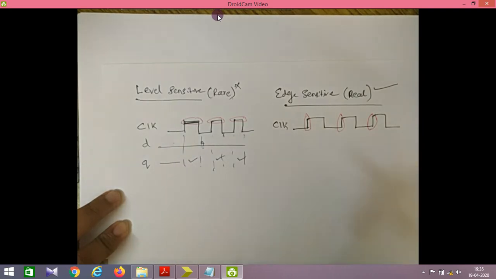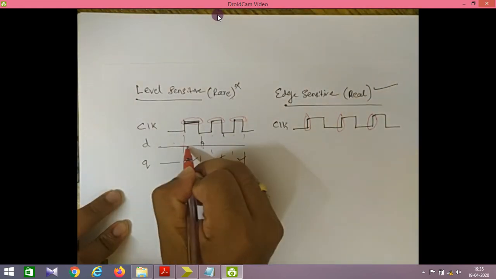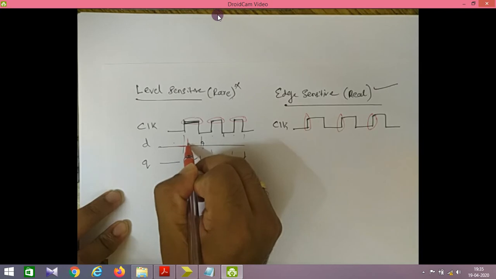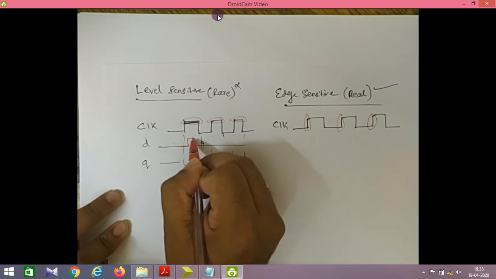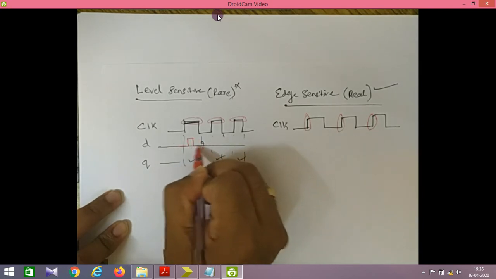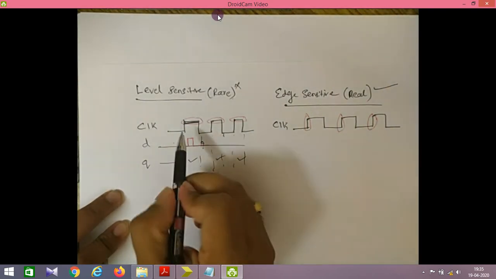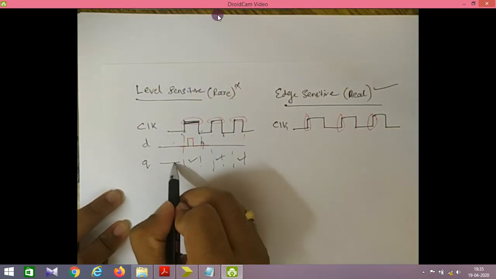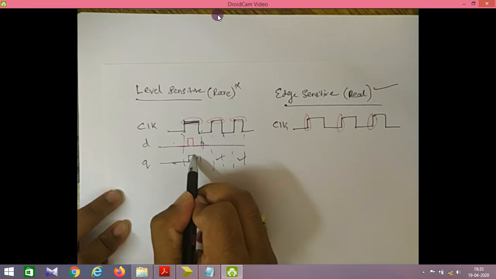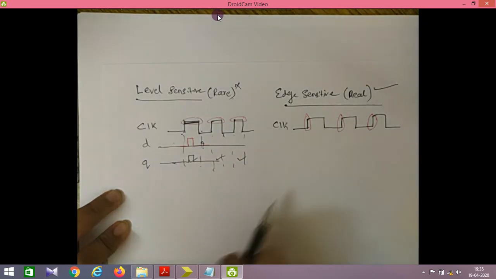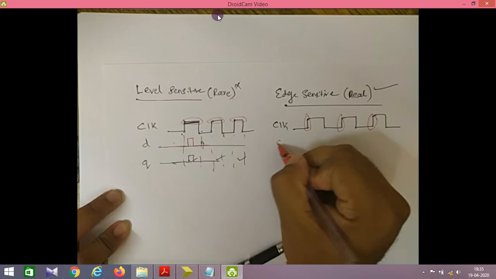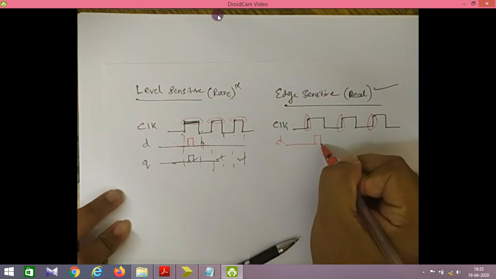What if my D value changes from 0 to 1 here, and it falls back to 0 again within this pulse? In this case, Q also behaves in this manner. Whereas here, if I assume the same case, what happens?